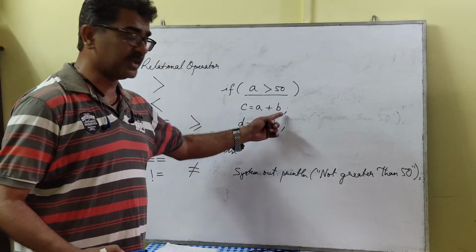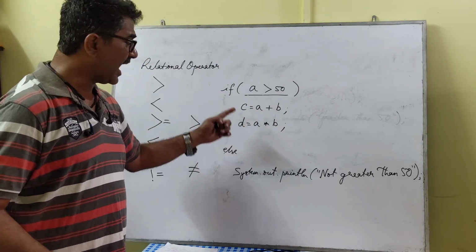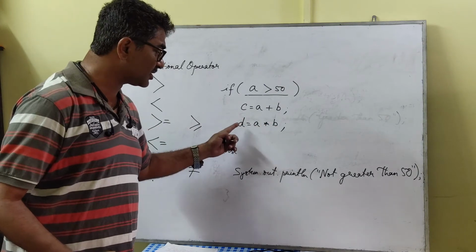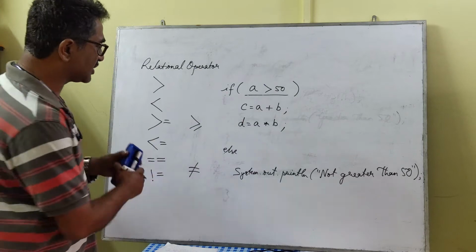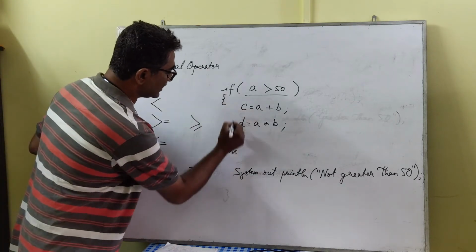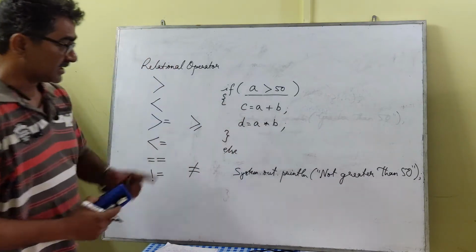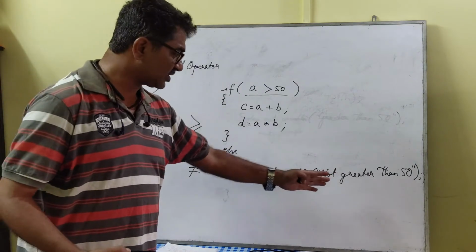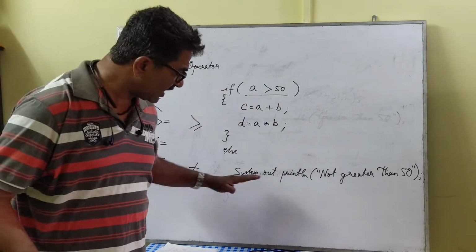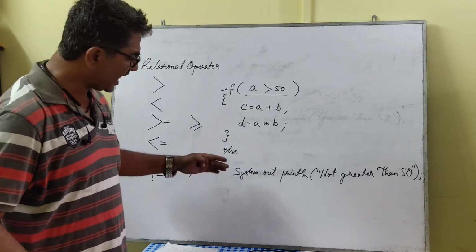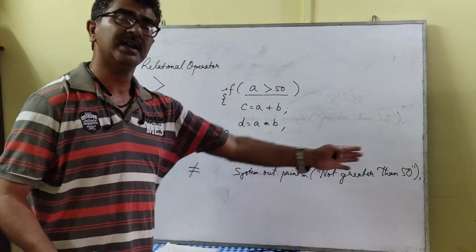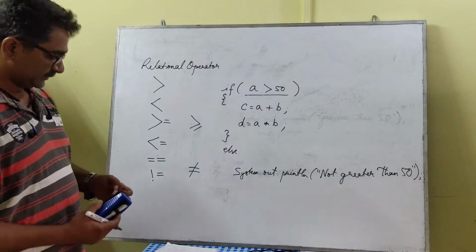That means A and B should be added and stored inside C, and A and B should be multiplied and stored inside D. So there are two statements to be executed if this condition is true. So we need to put braces. The same thing occurs with the else also. If there is more than one statement to be executed, you have to put the braces for the else. Otherwise, you can just leave it if there is only a single statement.